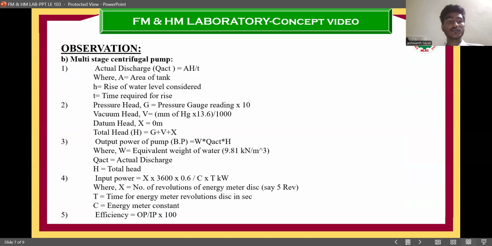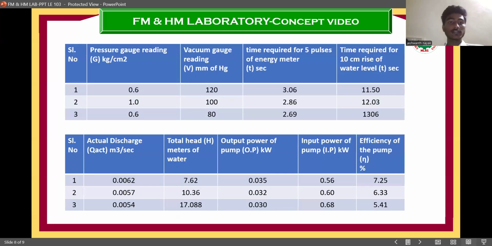This was the observation for the multi-stage centrifugal pump. As with the single-stage pump, in the multi-stage centrifugal pump we also calculate the actual discharge, pressure head, output power of the pump, input power, and efficiency.